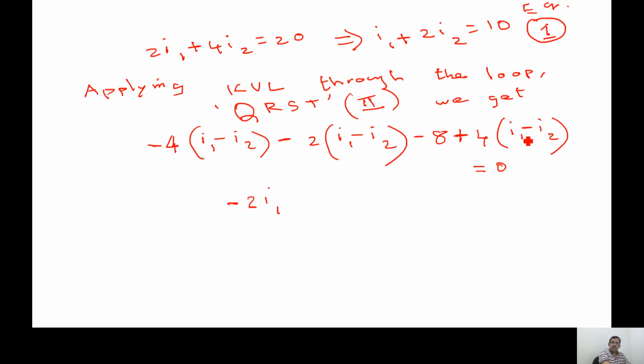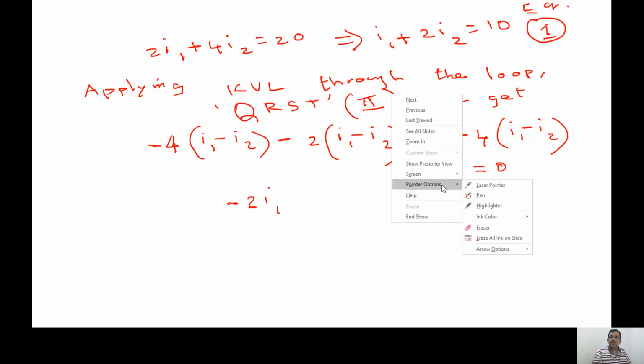Am I missing something here? I have to be careful while I write that. I missed something here, that's what I was wondering.